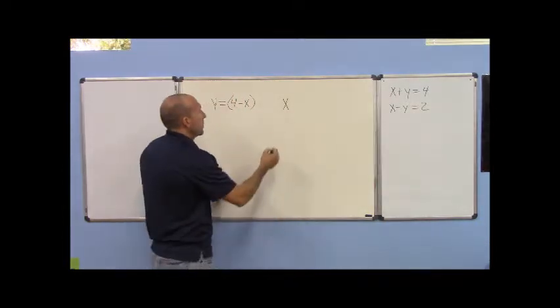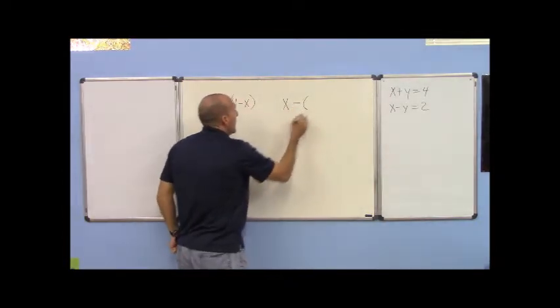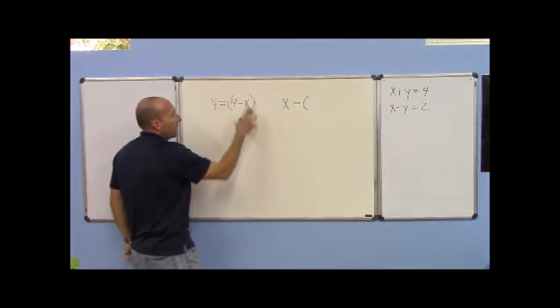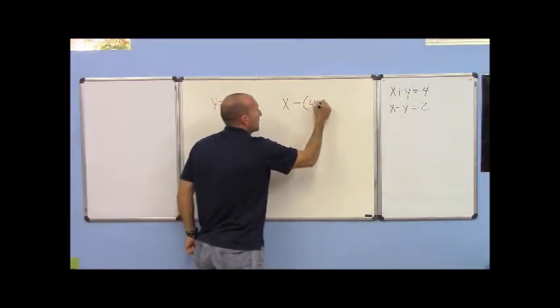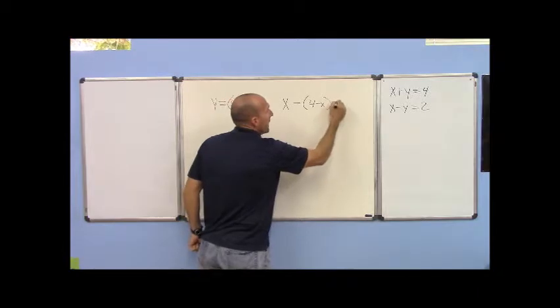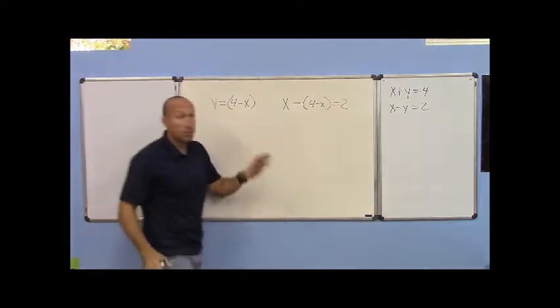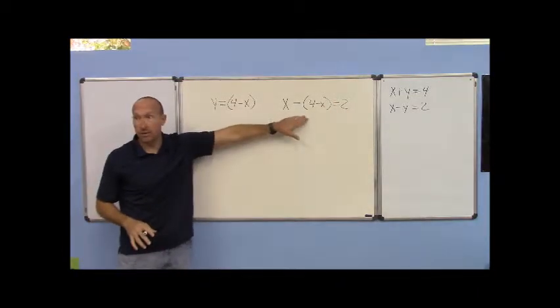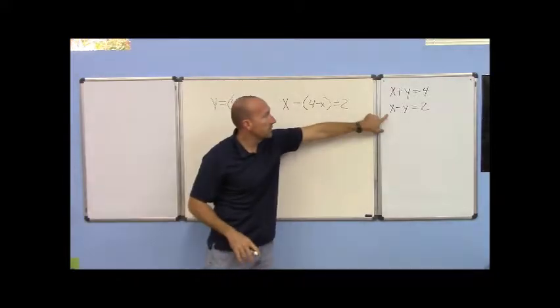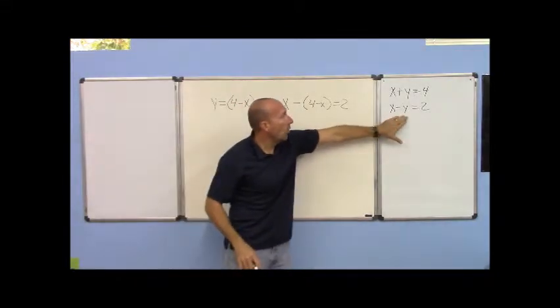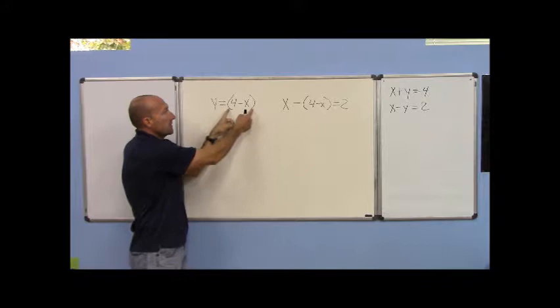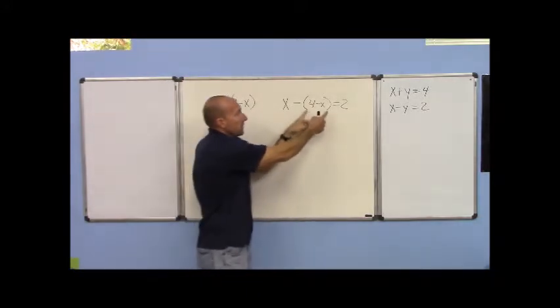So x minus, and we can take our value for y, plug it in here, (4 minus x), and then that equals 2. Do we see how we got to this point? We took this equation, took out y and put this value for y in place of it.